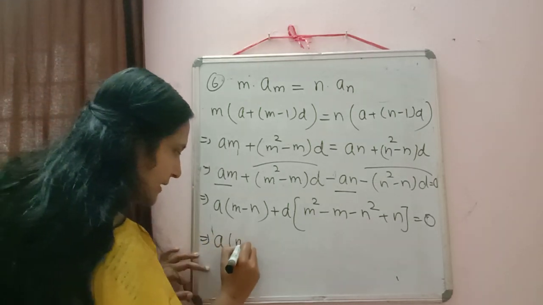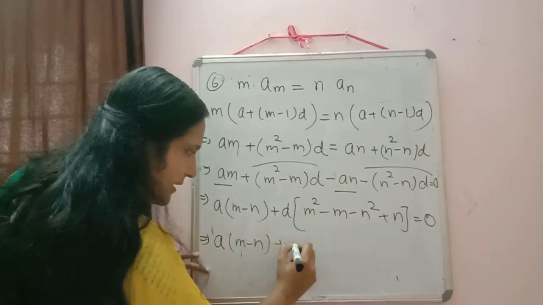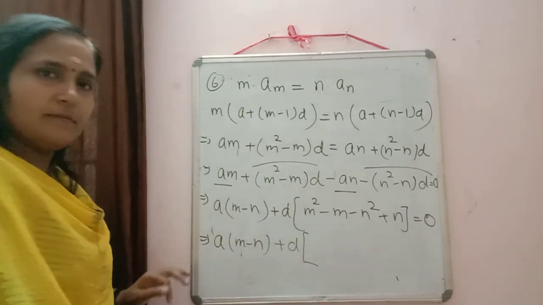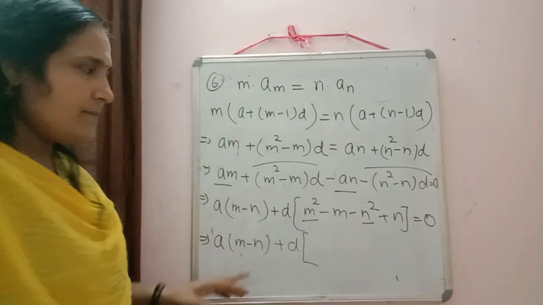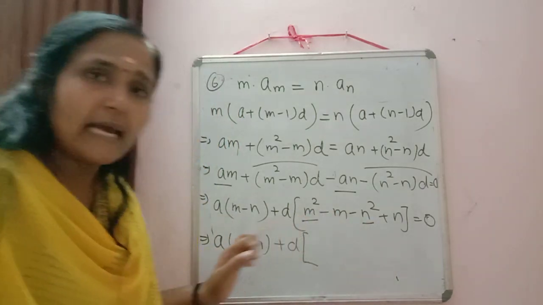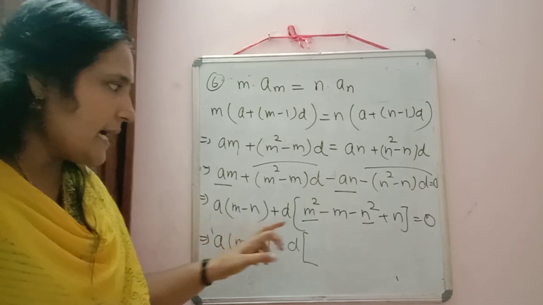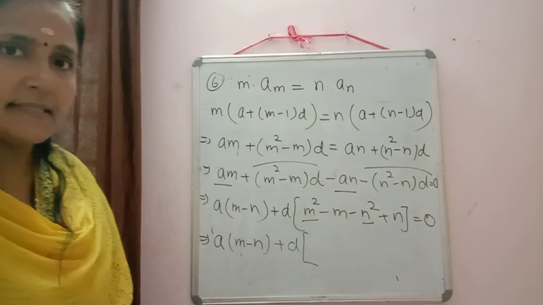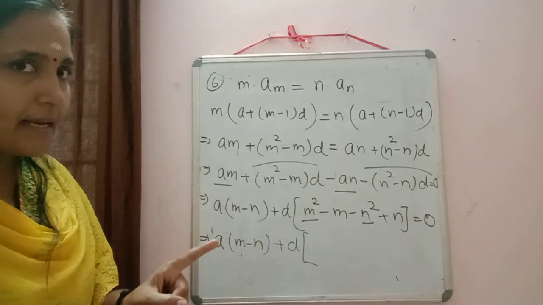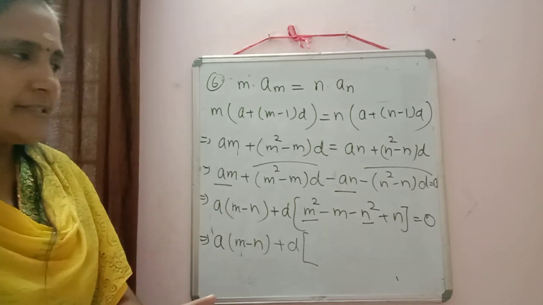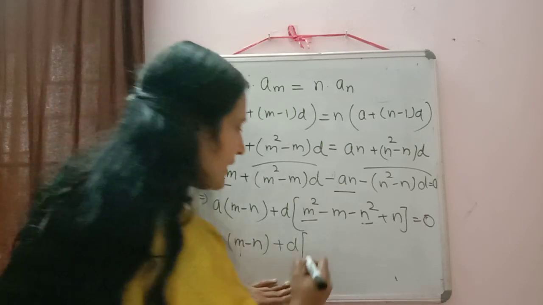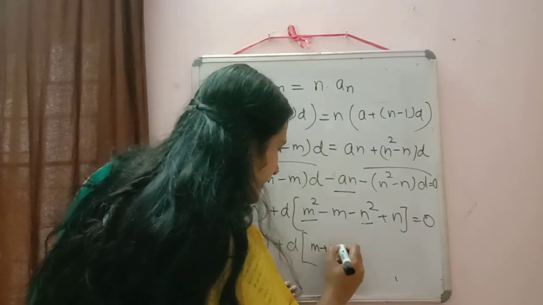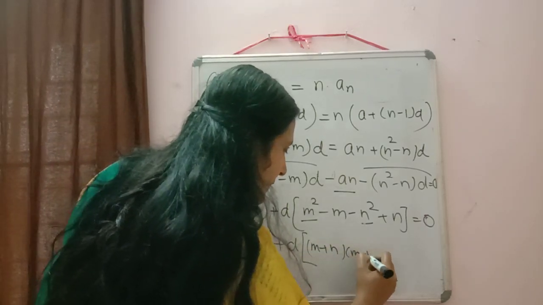Here is the important step which you have to remember there. Plus d into the term in which square is there, that m square minus n square. We know the identity a square minus b square, that is a plus b into a minus b. Similarly, m square minus n square can be written as m plus n into m minus n.